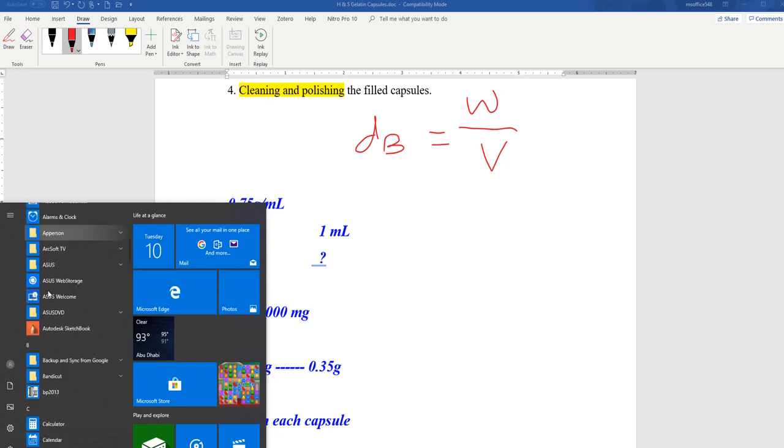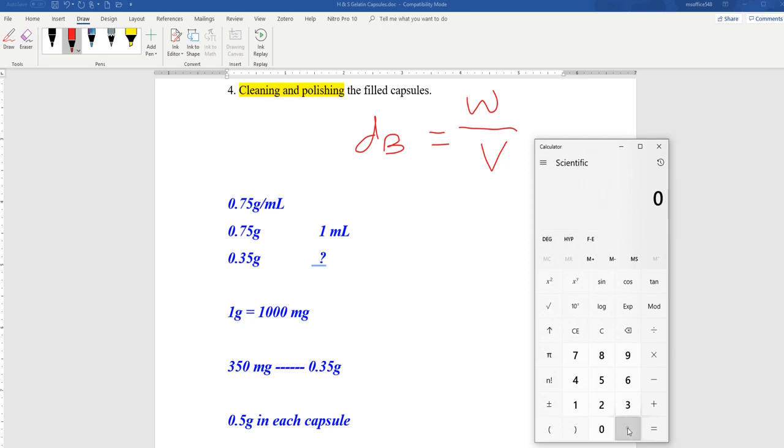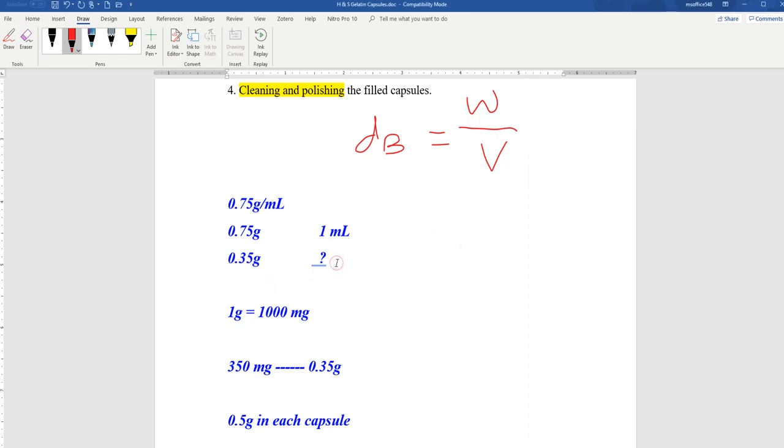So what is the answer? 0.35 times 1, then divided by 0.75, equal to 0.4666 ml. So the answer is 0.4666, so I'll make it 0.47 ml. This formulation that I want to fill will take a volume of 0.47.